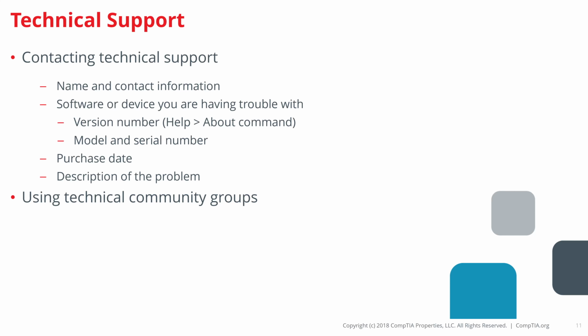There's also the technical support, where you can contact technical support with name and contact info, software, device. These are the different types of things that you have to have ready. You should know where this information is in case you're asked.